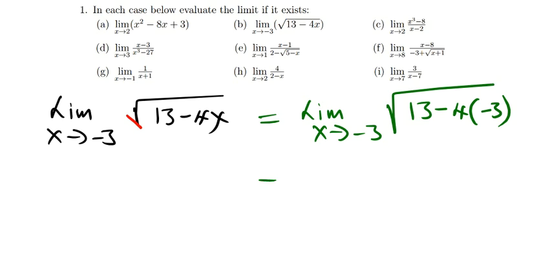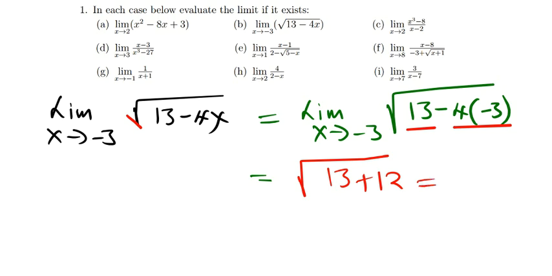Negative 4 times negative 3 is 12, so that's 13 plus 12, which is 25. The root of 25 is just 5. That's how we deal with the first two.